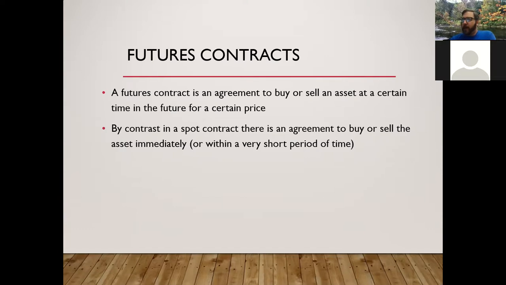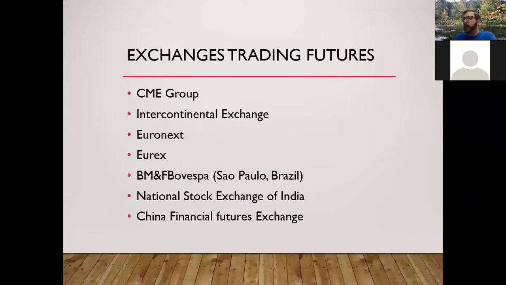So whenever you're thinking of a future, just remember this is going to be a set contract. It's a block, and everybody's blocks are going to be the same. So future is going to be future, and then that's relative to a spot. And then these are some examples of exchanges where futures are traded.